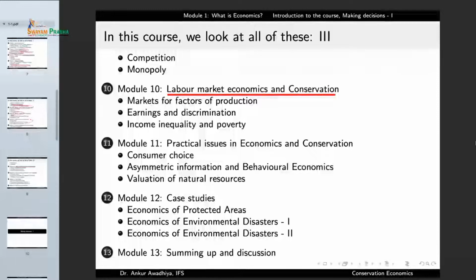Now, when we have this sort of situation, we are talking about things like behavioral economics, the role of psychology in economics. And in the 11th module, we will look at such practical issues as consumer choice. So, if there is an option to have two vehicles, and one vehicle is, say, very fuel efficient, it does not give out a lot of pollution, but it is a bit expensive.